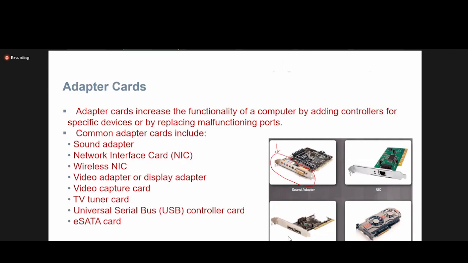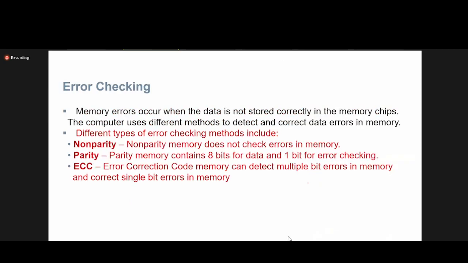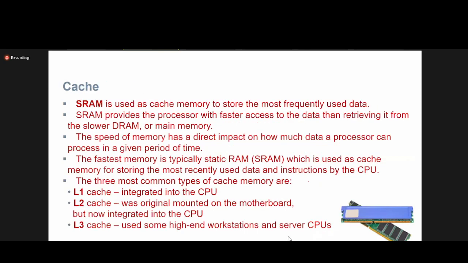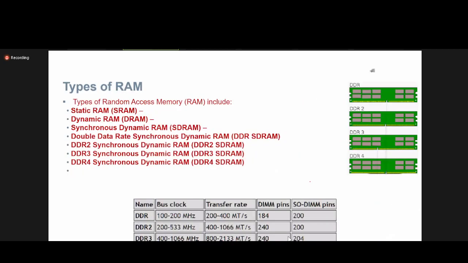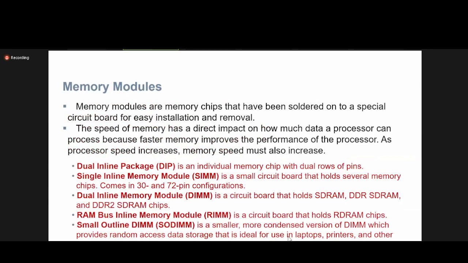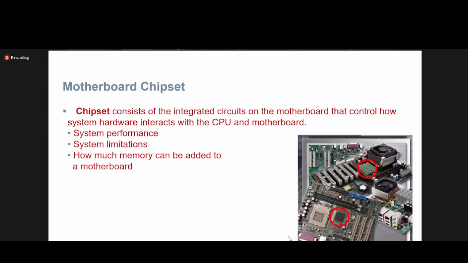So this is the eSATA card, adapter cards, right? Sound card, mic cards, and video cards. So those are four different cards which we install on the motherboard, right? And when we install them on the motherboard in different slots, their corresponding slots, those ports will be available for outer connection.